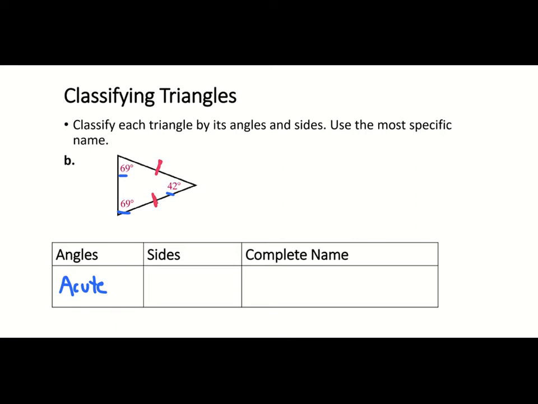So that means we have 2 sides that are equal, and that is going to make it an isosceles triangle. And I always have to look to spell isosceles. I'm not good at it. All right, so the complete name would be an acute isosceles triangle.